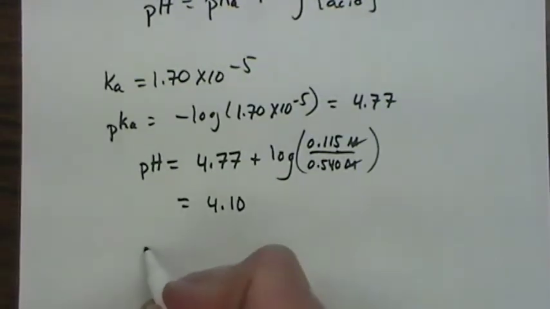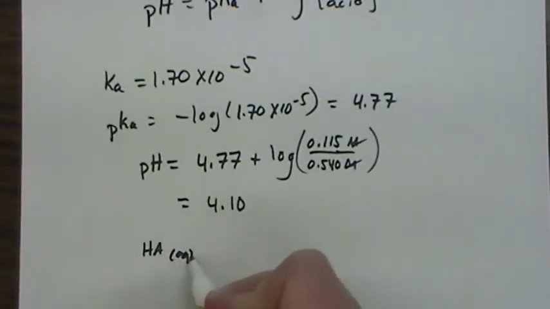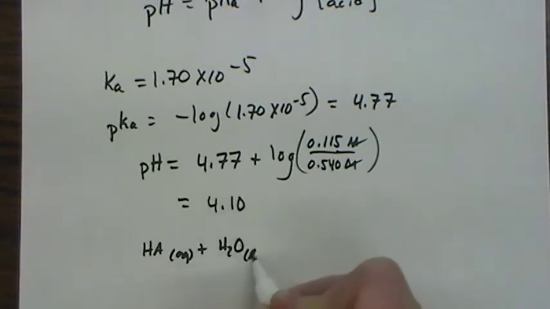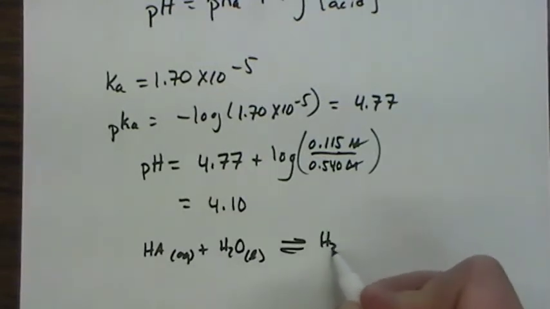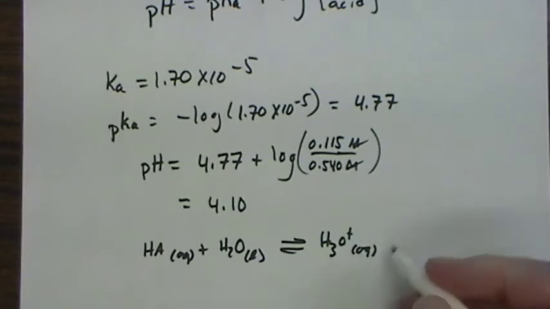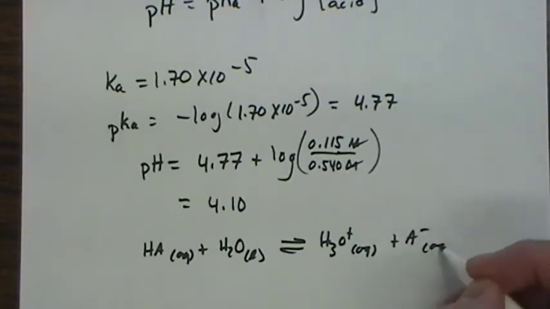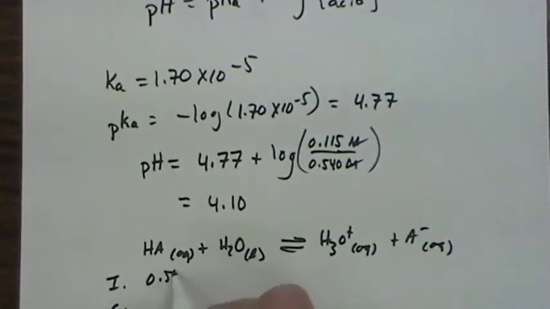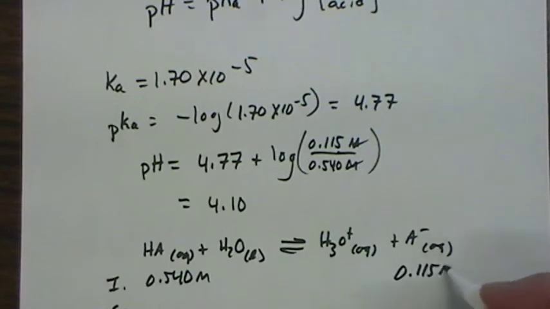Now, we could have accomplished the same thing doing it the way that we've done it before, using the acid ionization reaction and putting in the values from above. And this is a good check. This is minus x, plus x, plus x.